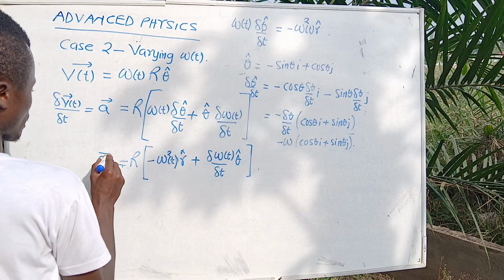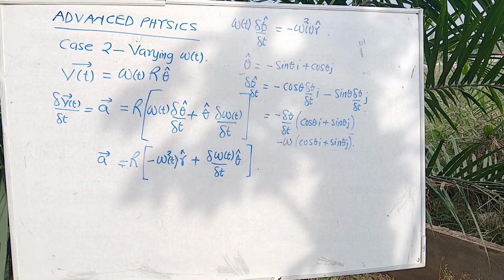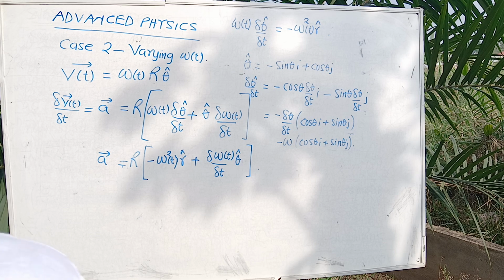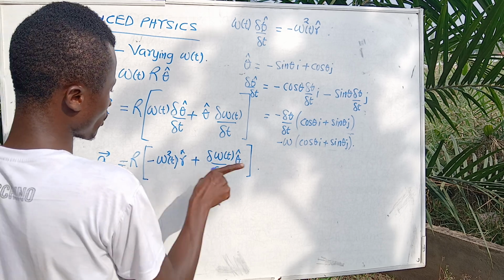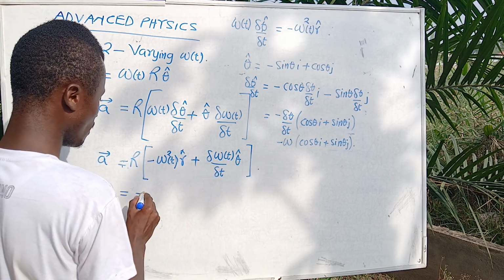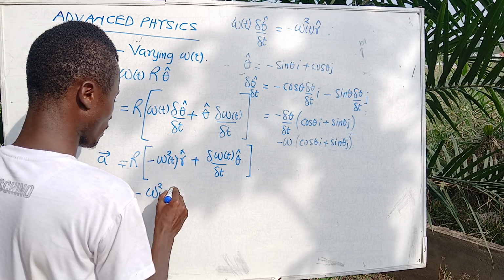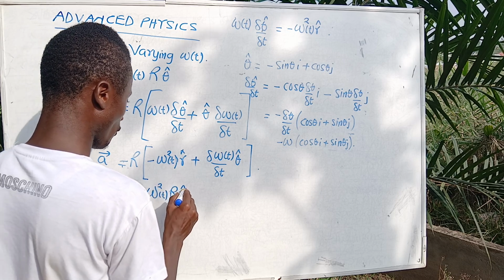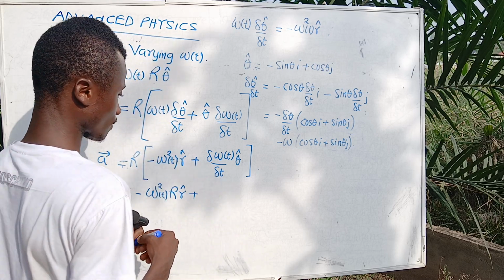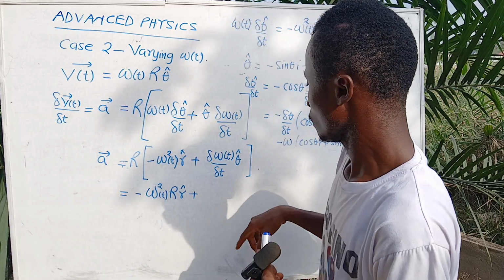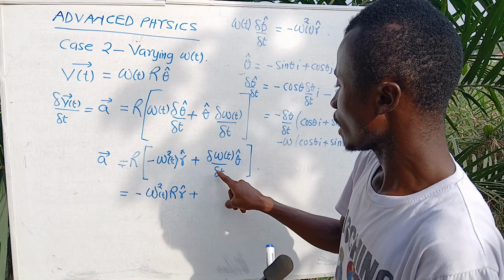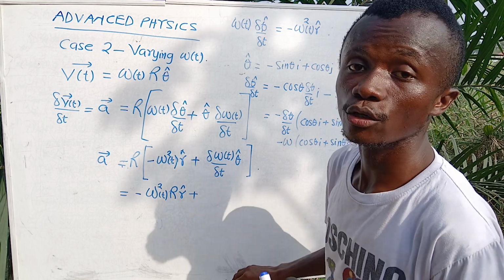That is a linear acceleration. So if we push the radius into the bracket, we get negative omega squared, which is a function of time, times r, in the direction r roof, plus d omega dt, which is a new quantity.